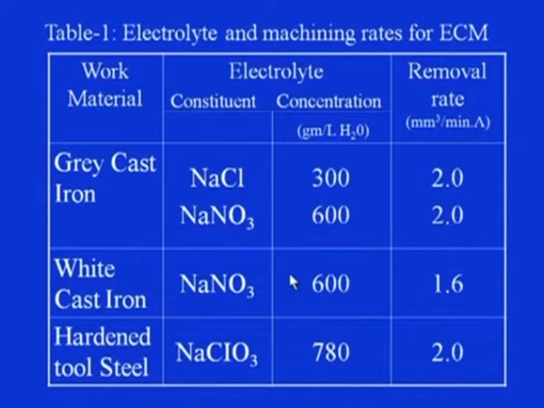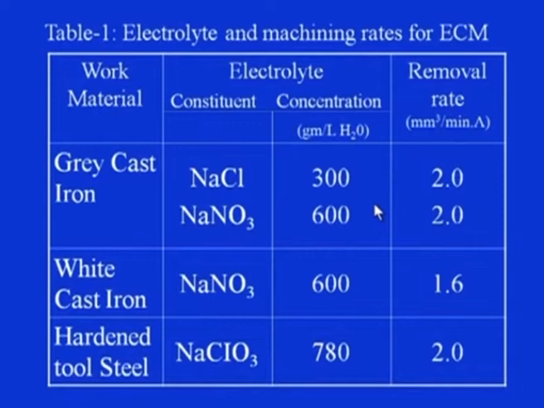For machining grey cast iron, generally sodium chloride and sodium nitrate are used, and the concentration varies. In case of sodium chloride, 300 gram per liter of water is added, and then sodium nitrate 600 gram per liter of water is added, and the corresponding material removal rate is 2 millimeter cube per minute per ampere.